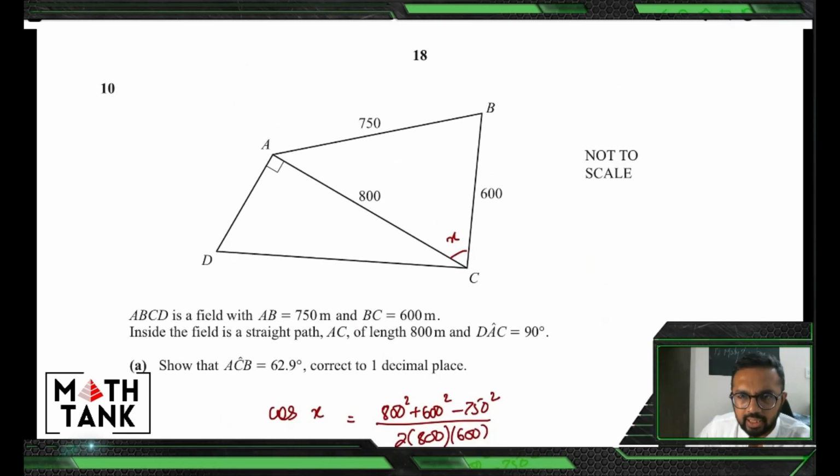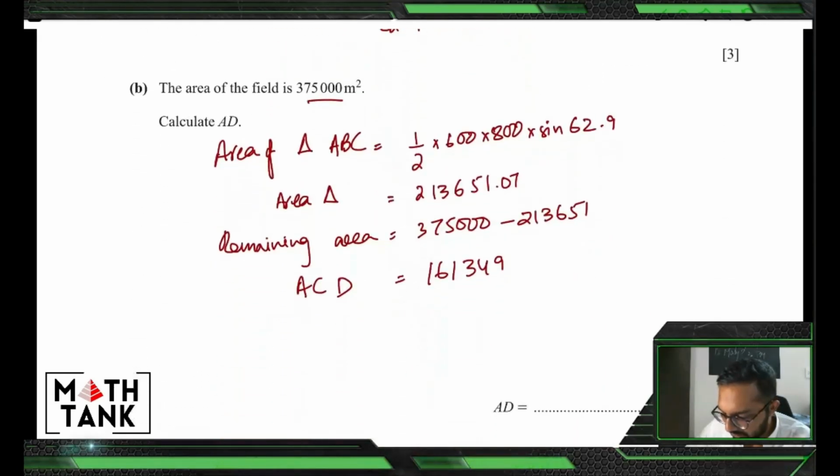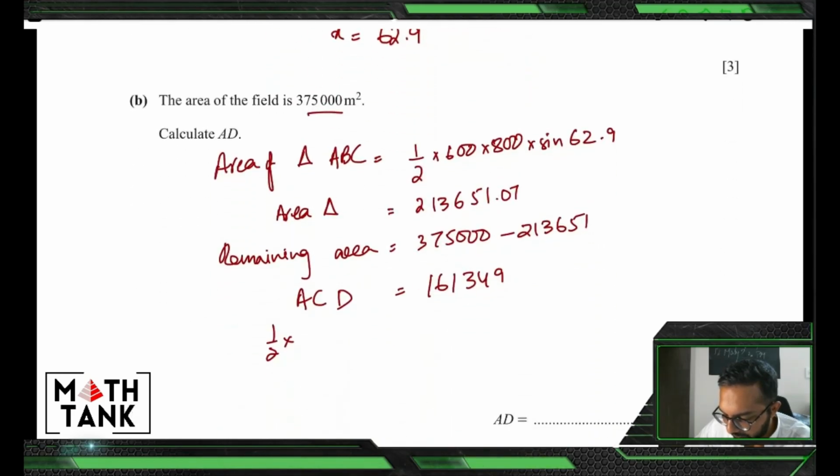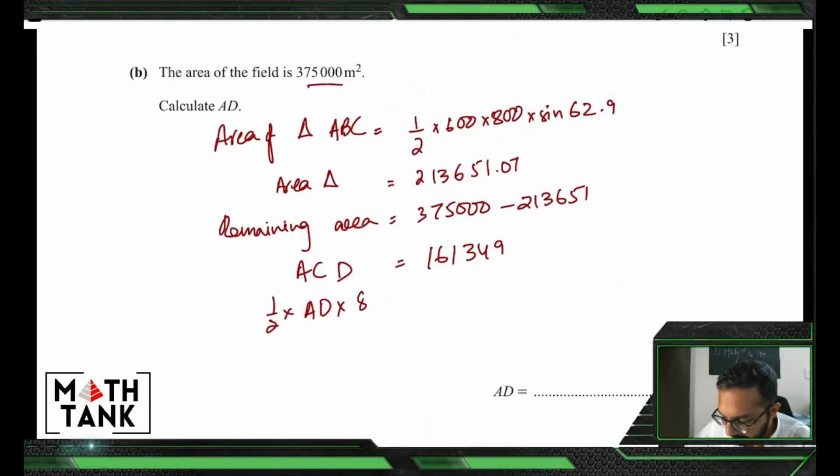Can I see what the triangle looks like? It's a simple right angled triangle, so I don't need to worry a lot. What I can simply say is that this is the base and that is the height. So half into base, which is AD, into height, which is 800, equals 161,349. 161,349 multiplied by 2 divided by 800.